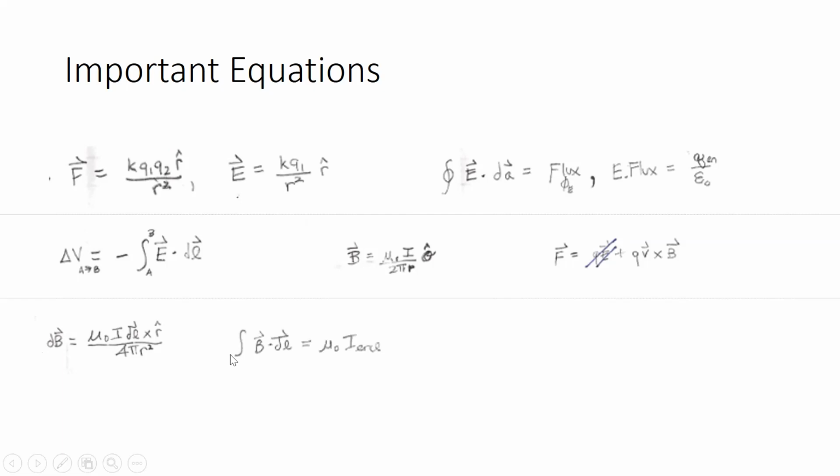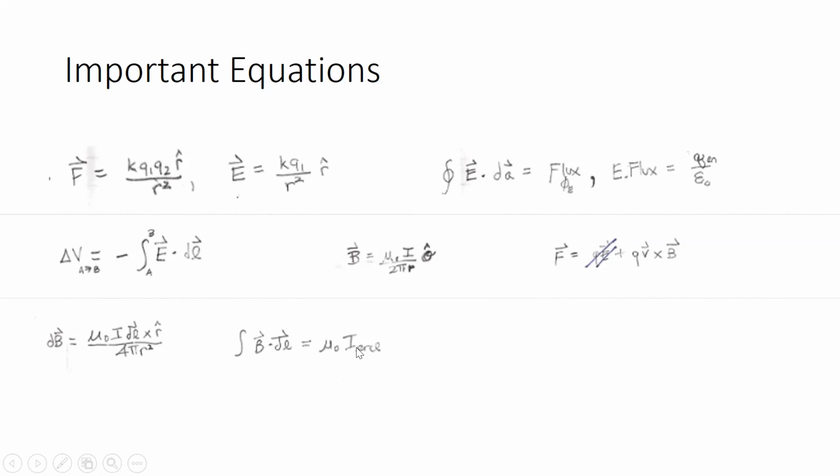This is Ampere's line integral law, or just Ampere's law, which says that the line integral of the magnetic field dot dl around a circle or around some closed curve is equal to this constant mu naught times the amount of current enclosed.